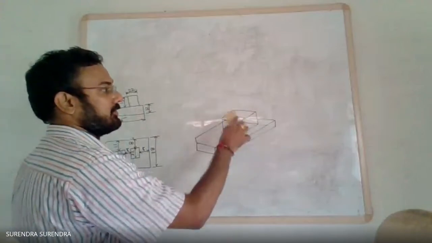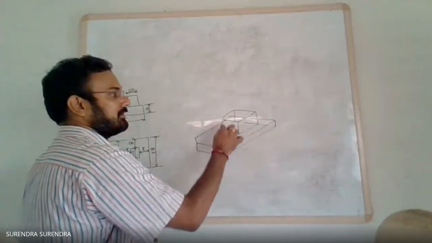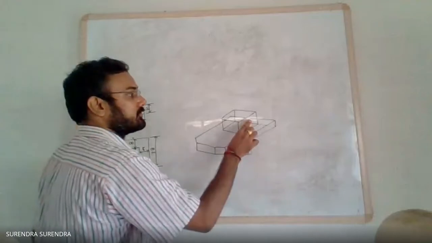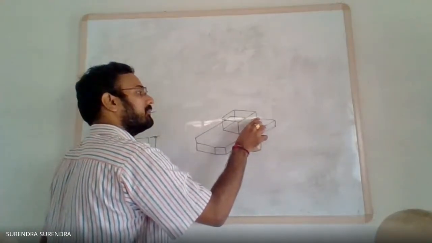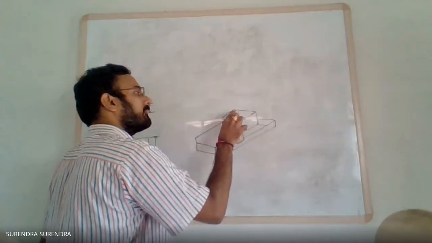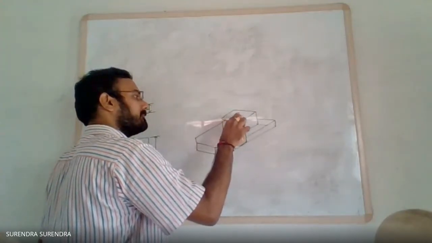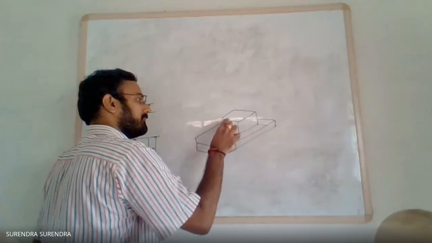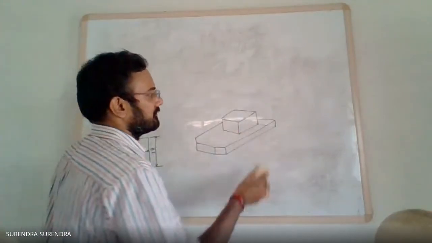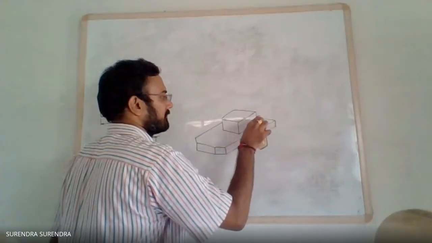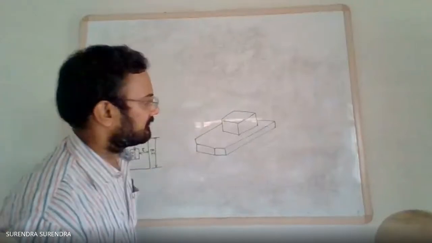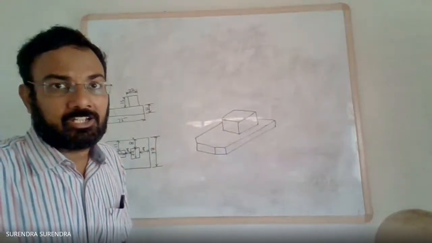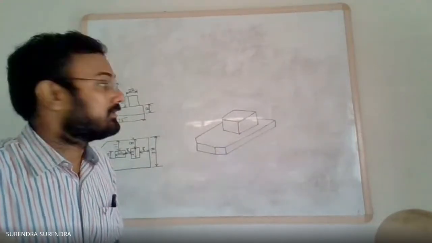So ikkada hide event itla unnappudu only the front face, these two faces are visible and top face is visible. మిగతా అన్నీ కూడా హైడింగ్. సో ఈ ఇంటర్నల్ గా వచ్చే లైన్స్ అన్నీ కూడా a 22 mm square block at a height of 12 mm. Oh, sorry, 15 mm.